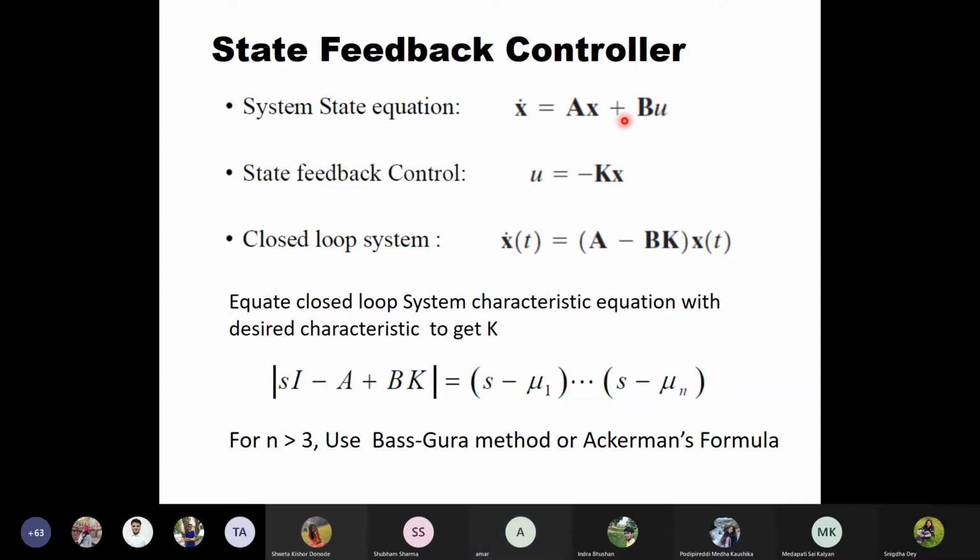Normally, if you recollect the state space model, we have a state equation x dot = Ax + Bu, and we have the output map, which is y = Cx, where y is the output measurement. So y is the output from the system, obtained through measurement.